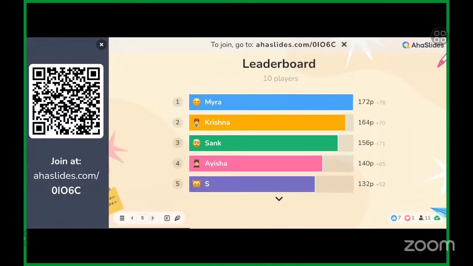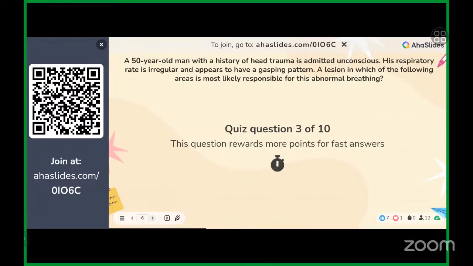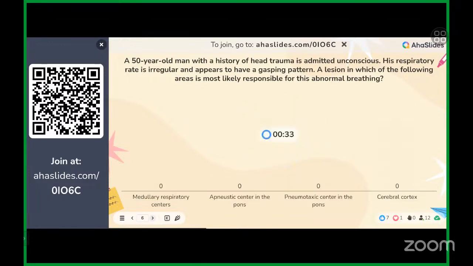Moving on to the third question. A 50-year-old man with a history of head trauma is admitted unconscious. His respiratory rate is irregular and appears to have a gasping pattern. A lesion in which of the following areas is most likely responsible for this abnormal breathing?